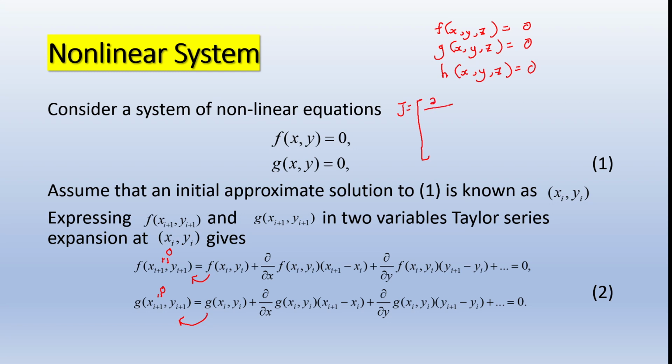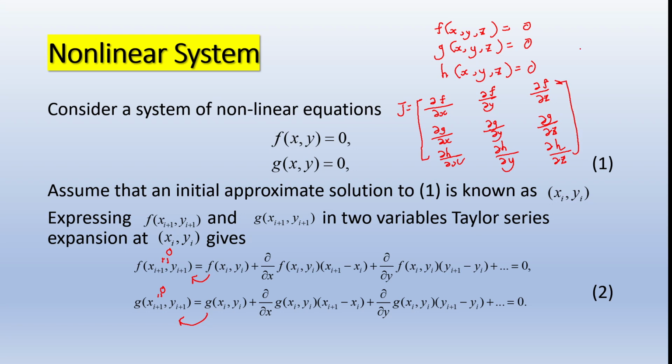The first column is ∂/∂x of the first function, then second row ∂g/∂x, third row ∂h/∂x. The second column is ∂/∂y: ∂f/∂y, ∂g/∂y, ∂h/∂y. The third column is ∂/∂z: ∂f/∂z, ∂g/∂z, ∂h/∂z.